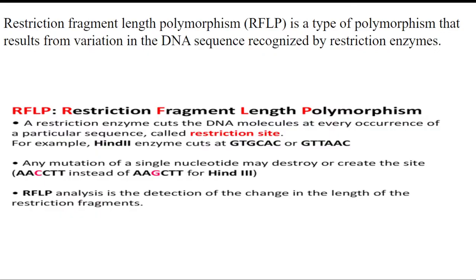For example, the HindIII enzyme cuts this sequence. Any mutation of a single nucleotide may destroy or create the site. For example, AACCTT instead of AAGCTT for HindIII.